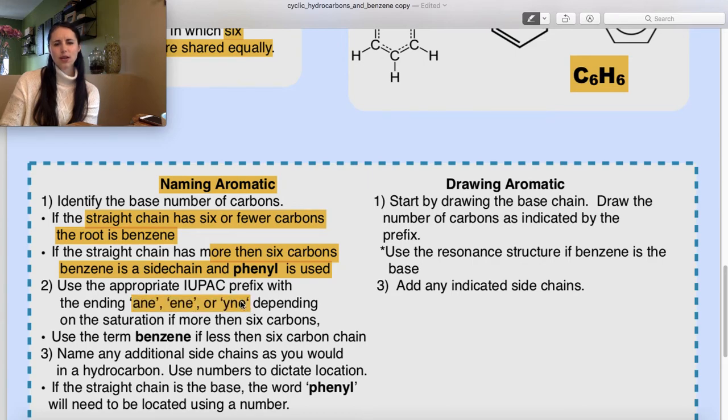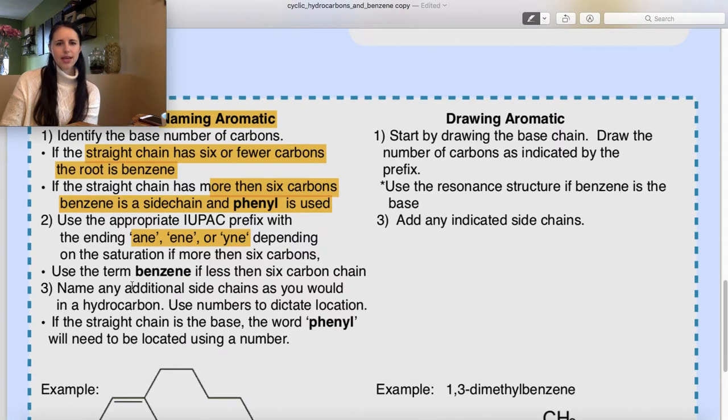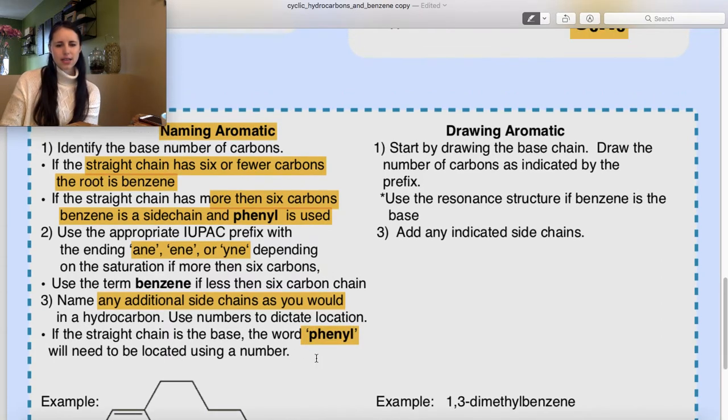This is only going to apply if benzene is a side chain. If benzene is the main structure, you're always going to have that -ene ending in benzene. Remember, benzene has double bonds in it. Name any additional side chains that you might see, and remember that you are using phenyl if benzene is a side chain. Let's take a look at our first example.